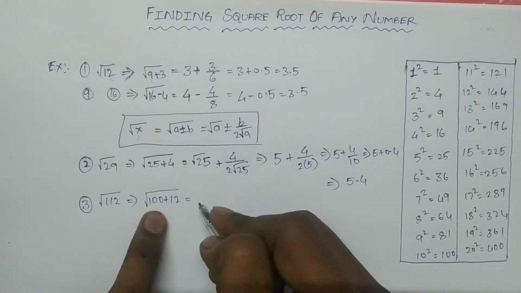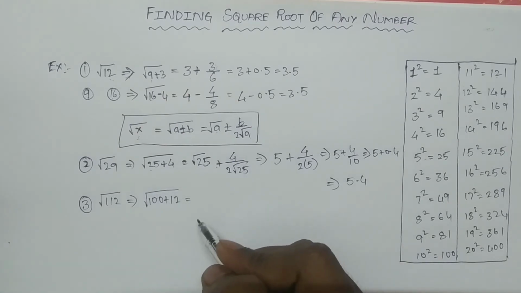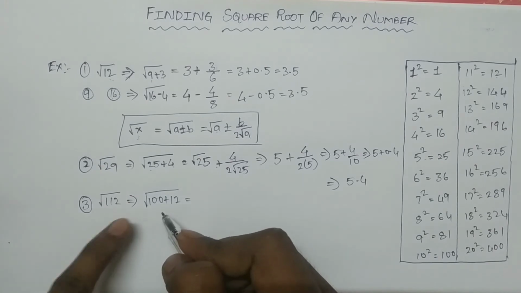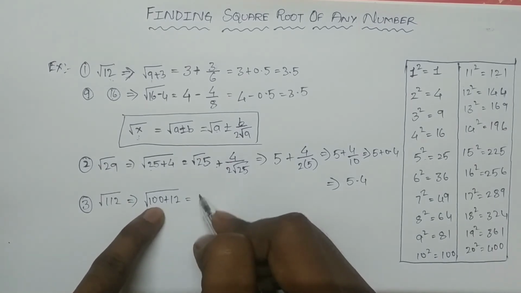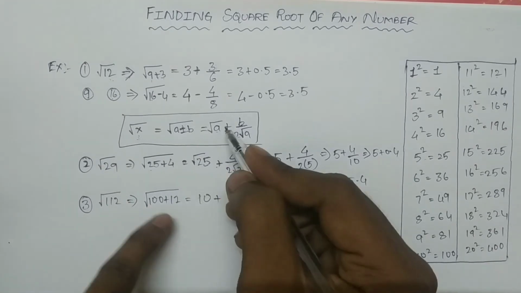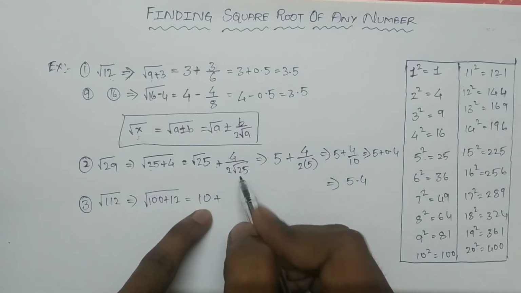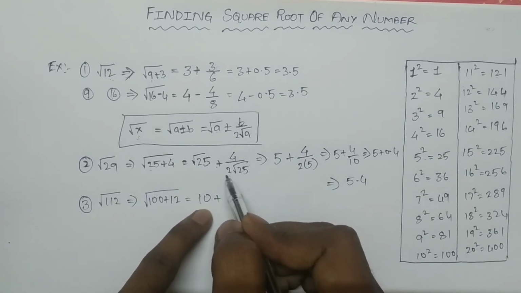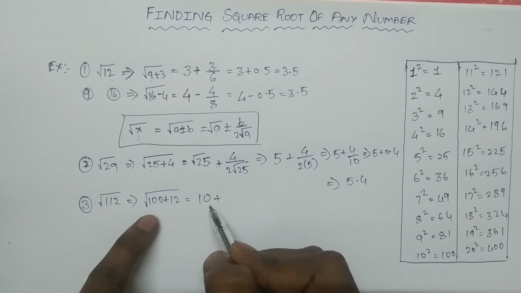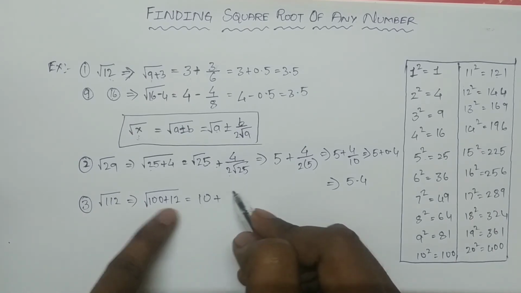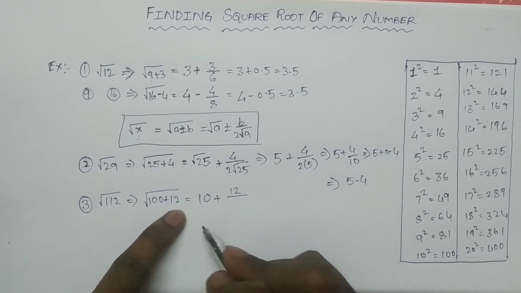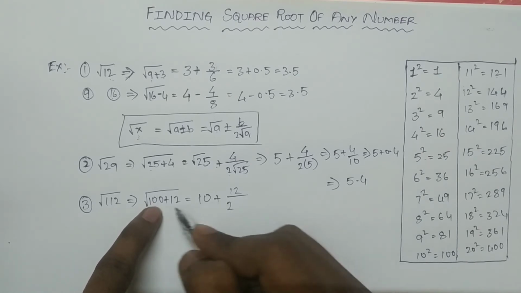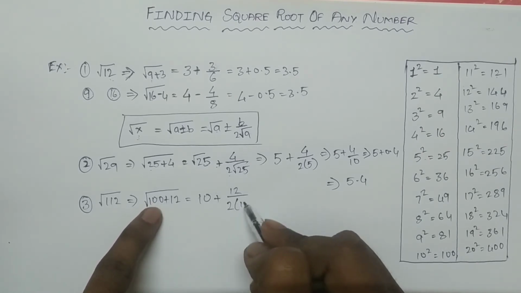Then first we have to find root over 100, that is 10, plus, I am writing directly, cancelling this step here. So I am writing root over 100, that is 10. Then B, 12 by 2 into root 100, that is 10.